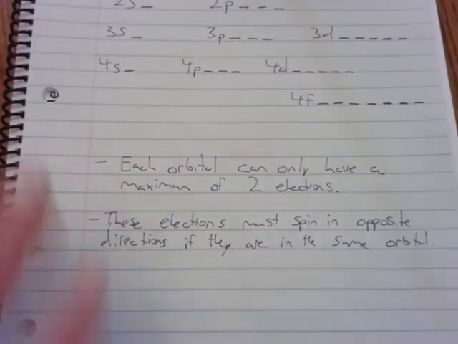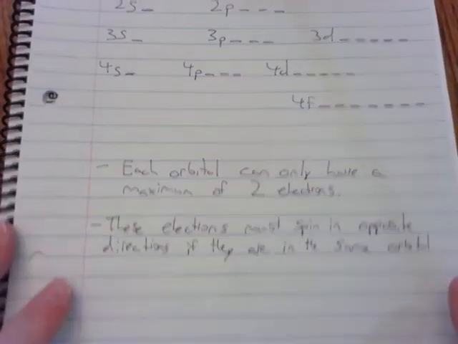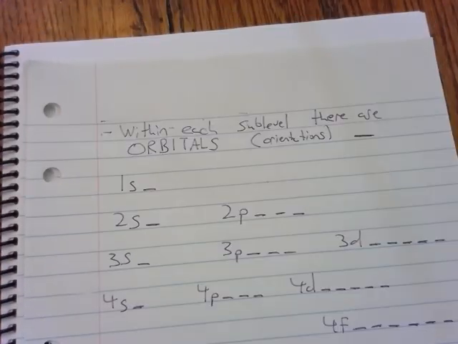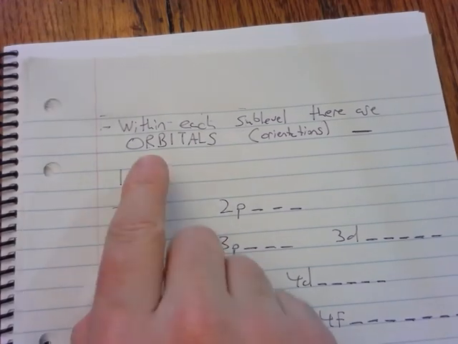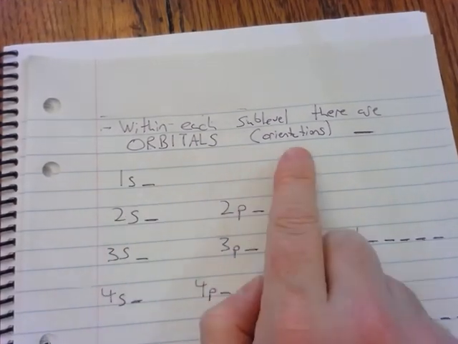So next, I want to talk about something called orbitals. So we have electrons are found in levels or shells, and then within those levels there are sublevels or subshells, and then within the subshells there are something called orbitals or orientations.